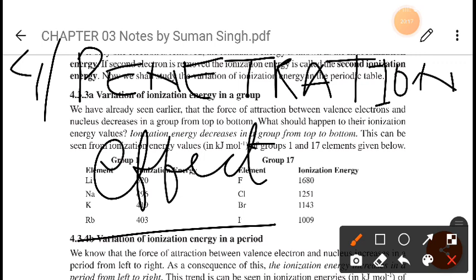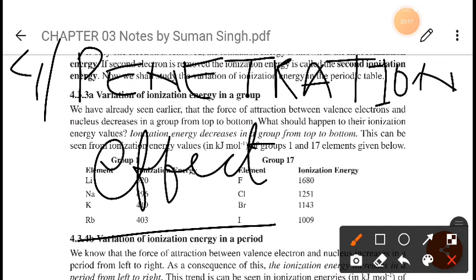Now due to this effect, what will happen? The electron will shift towards the nucleus and experience a greater pull by it.